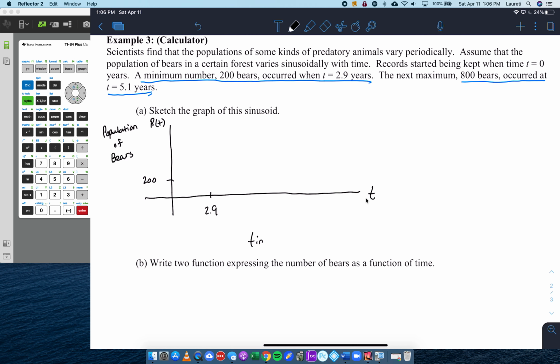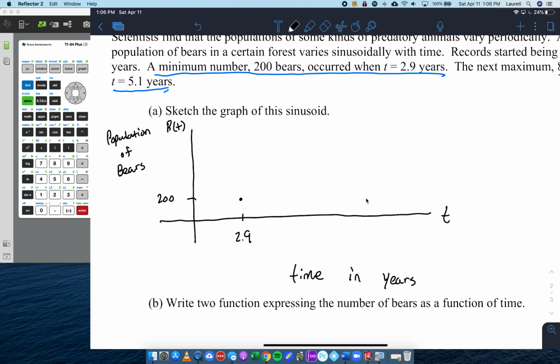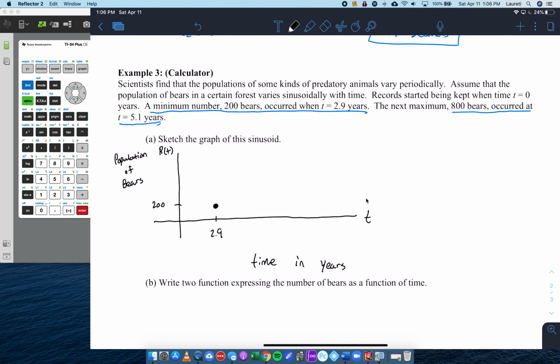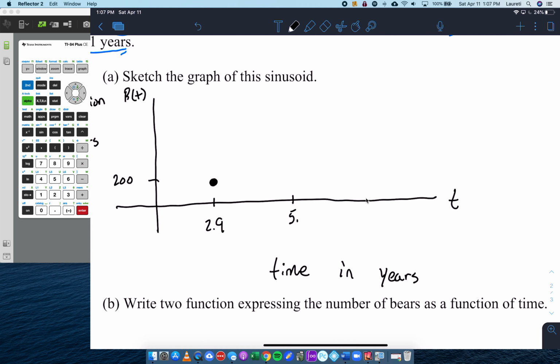Okay, and then this down here is time in years. Okay, so the first one, right, after 2.9 years, we know that there's 200 bears, okay? And then it says the next maximum is 800 bears at 5.1 years, okay? So 5.1, we have 800, okay?